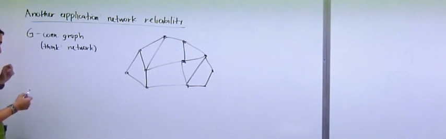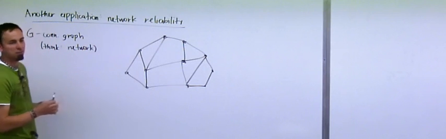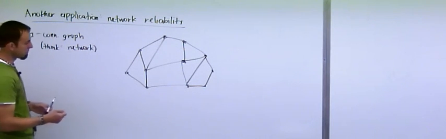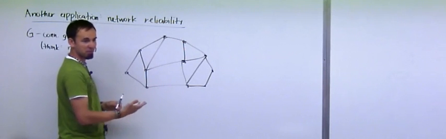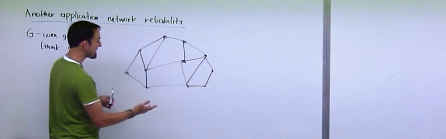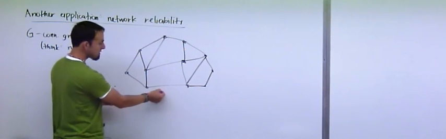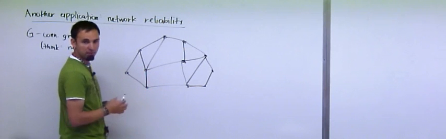The idea is to study how reliable this network is. Something is going to happen, maybe some natural disaster, or maybe you bomb the place where the terrorists are, whatever it is. The point is that each edge is going to disappear with a certain probability.